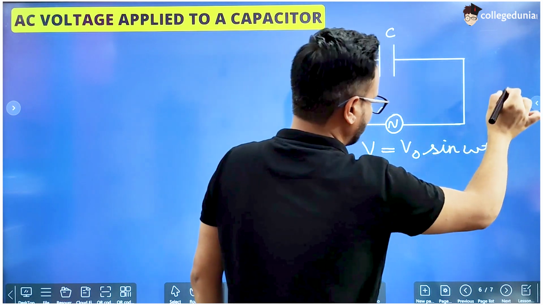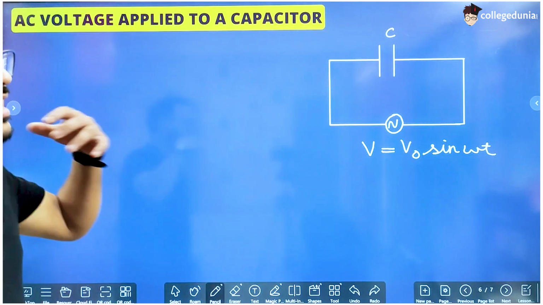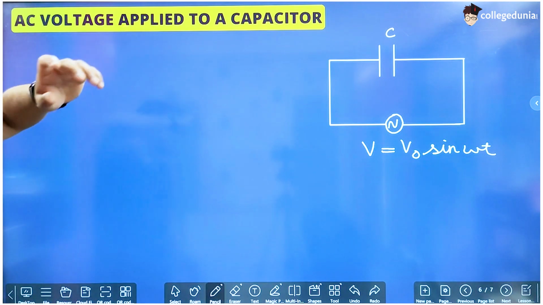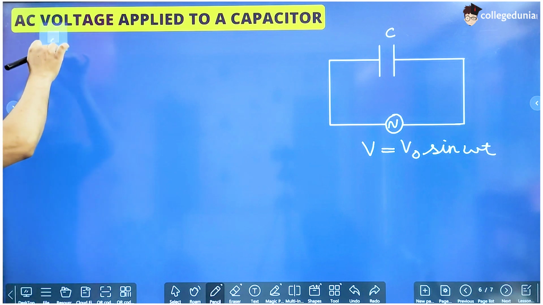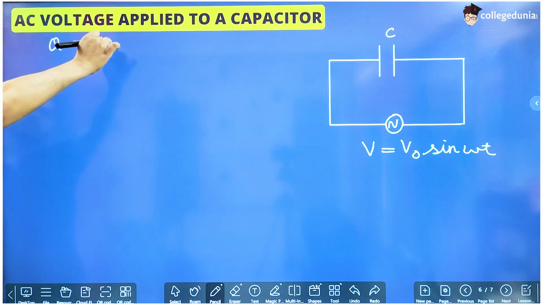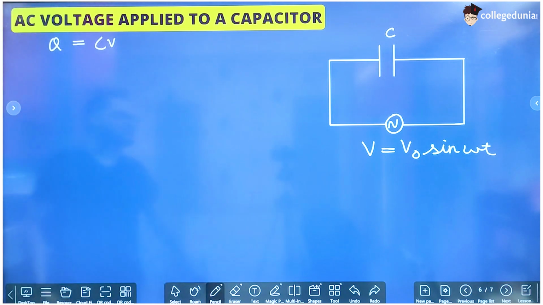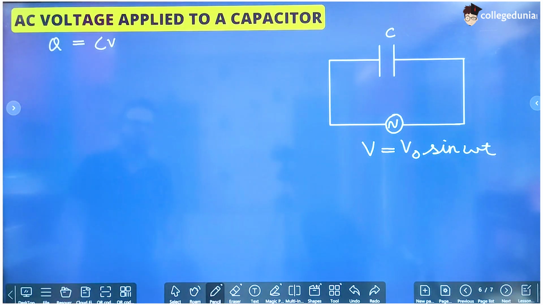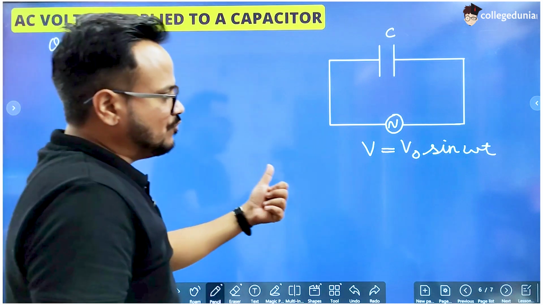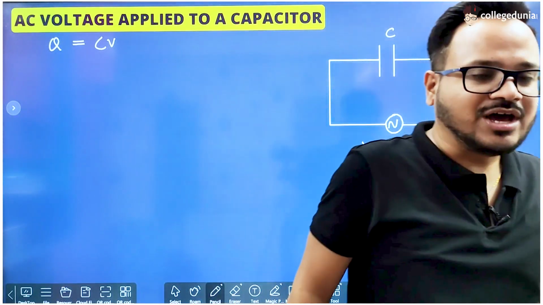Okay. So at any instant, if Q is the charge stored by the capacitor, we can say that Q equals CV, right? We all know that this is the equation which connects C, V and Q for a capacitor. So we can write Q equals CV, and in place of V we put the applied voltage.